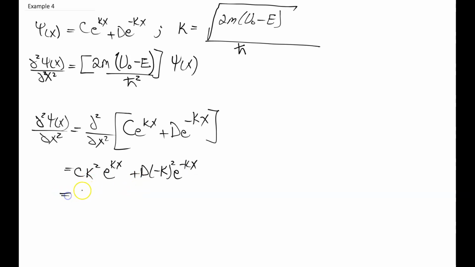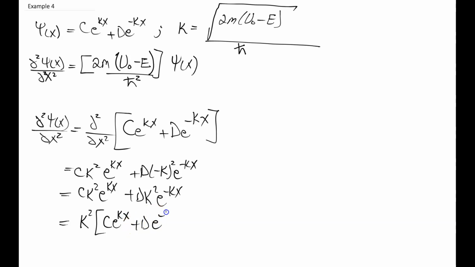And this is the same as c k squared e to the kx plus d k squared e to the minus kx, or k squared times (c e to the kx plus d e to the minus kx). And this is the same as k squared psi of x.